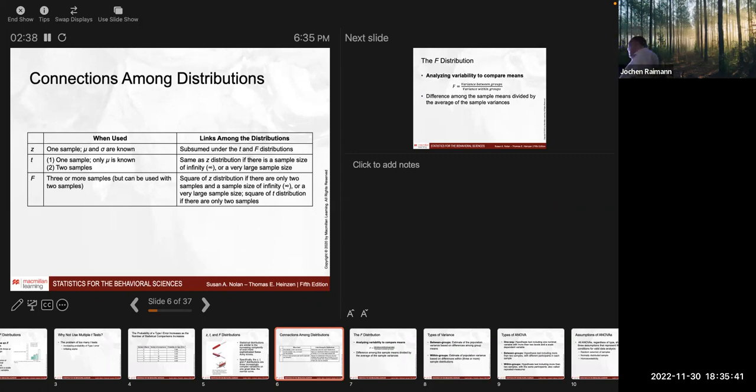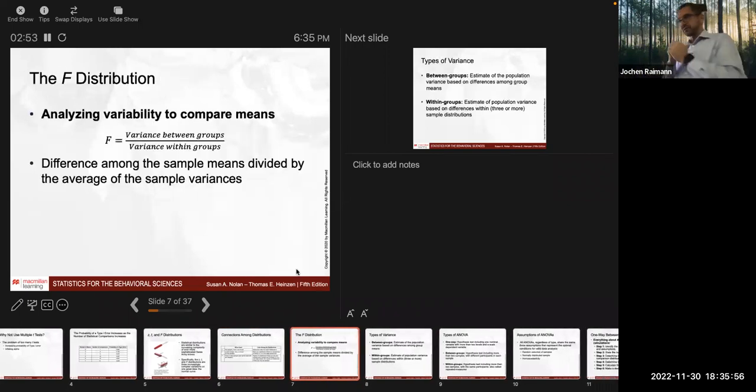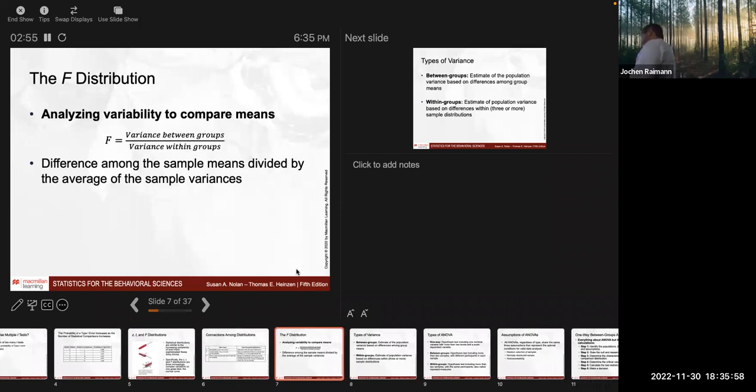If you have three or more samples, you put together now all your distributions, and you come to an amalgamated distribution where you compare the means and the variability between those means, because that's essentially what the F distribution is. So you have now a variance within each group. So you have a standard deviation.